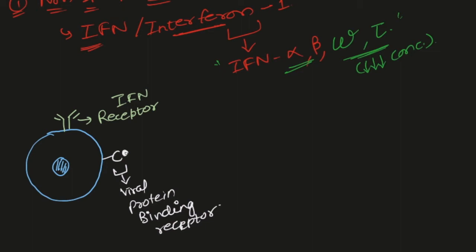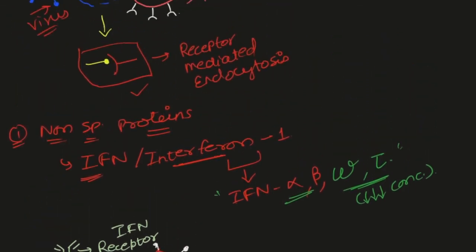So this particular receptor binds the virus, and when this virus binds to this receptor, it later on starts to get internalized by the mechanism of receptor mediated endocytosis, which has been explained earlier.